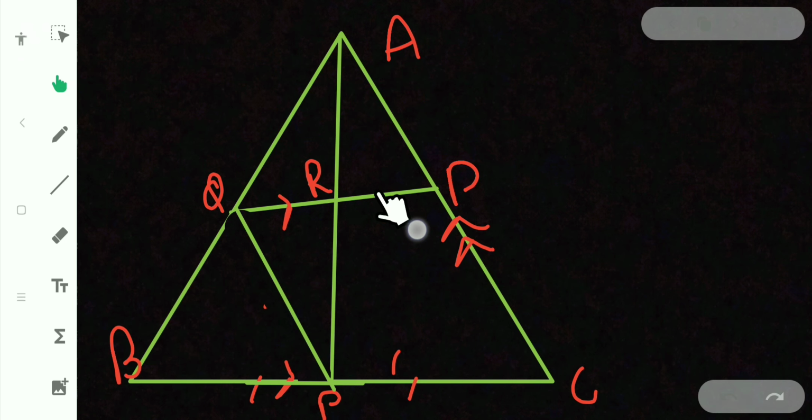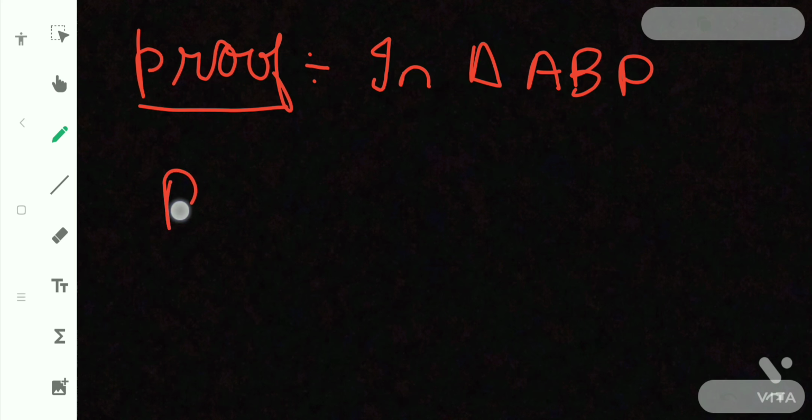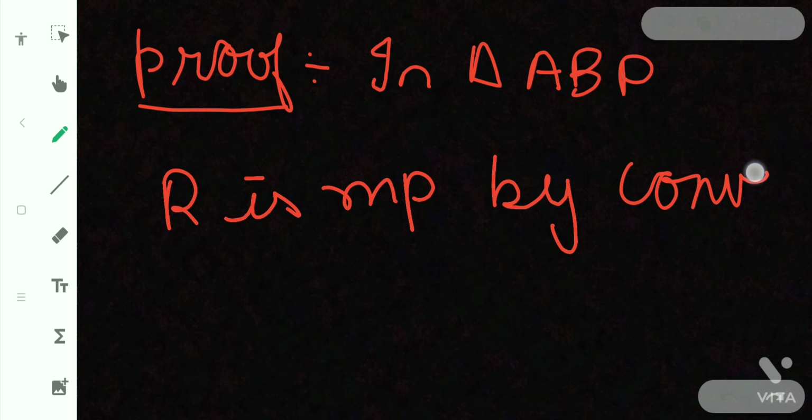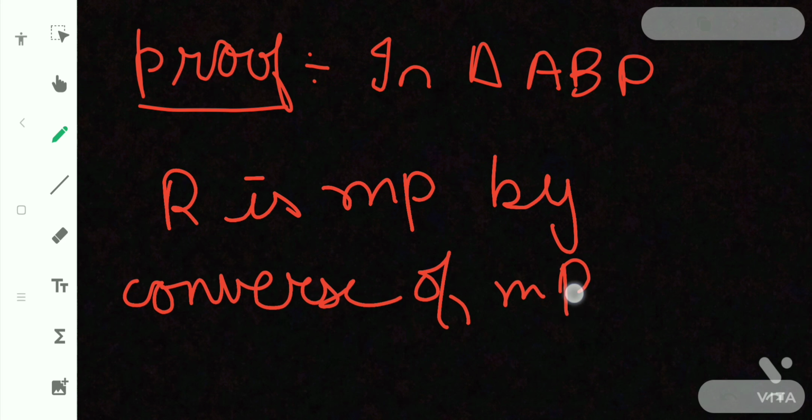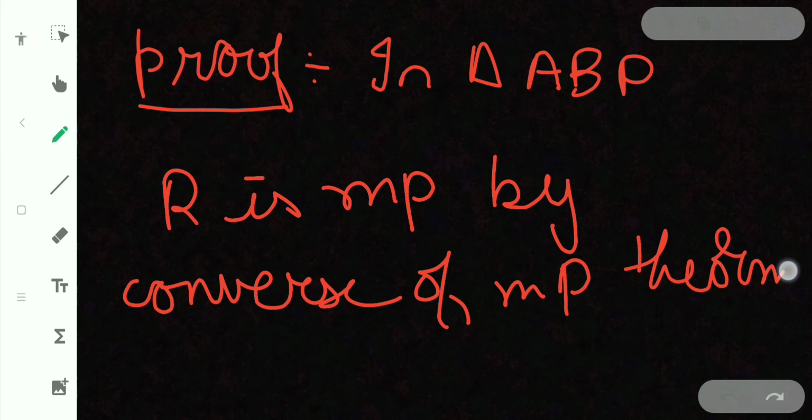So as it cuts this part into equal halves, we have R as a midpoint. When R is a midpoint, AR will be equal to RP. So R is a midpoint by converse of midpoint theorem.